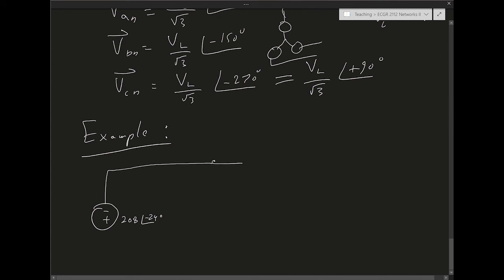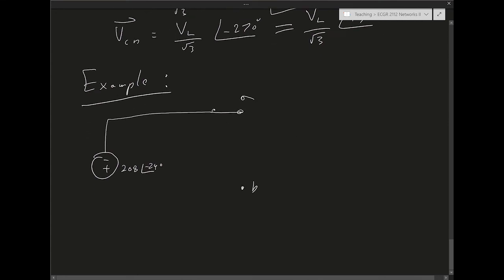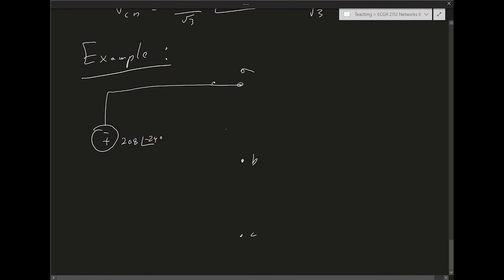This is A, and this is B, and then this is node C. So between A and B, I have VAB. This is a delta connected source, so it has a value of 208, 0 degrees. Between B and C, I have another source, 208 minus 120 degrees.